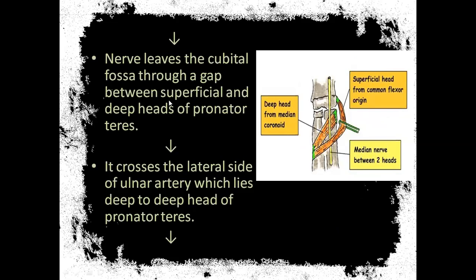The same thing is written: the nerve leaves the cubital fossa through a gap between the superficial and deep heads of pronator teres. Then it lies lateral to the ulnar artery, which lies deep to it. With the help of the picture, you will understand better.